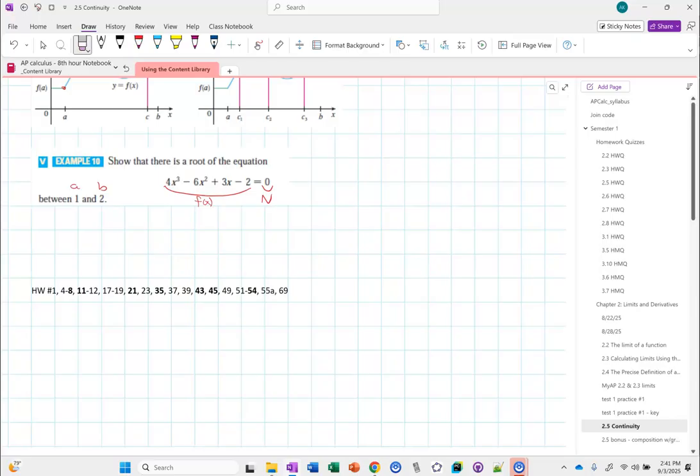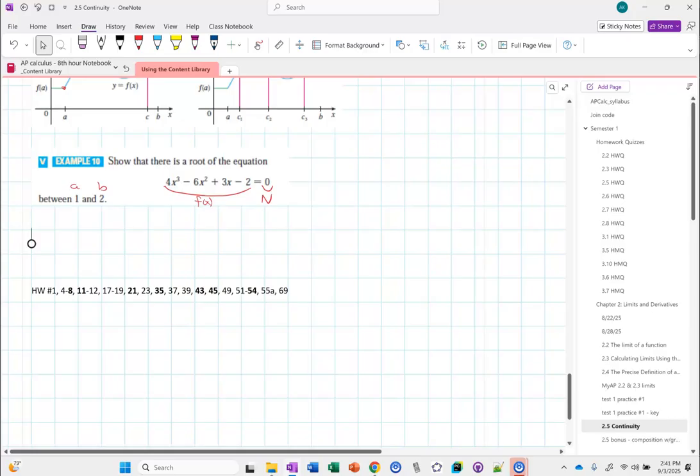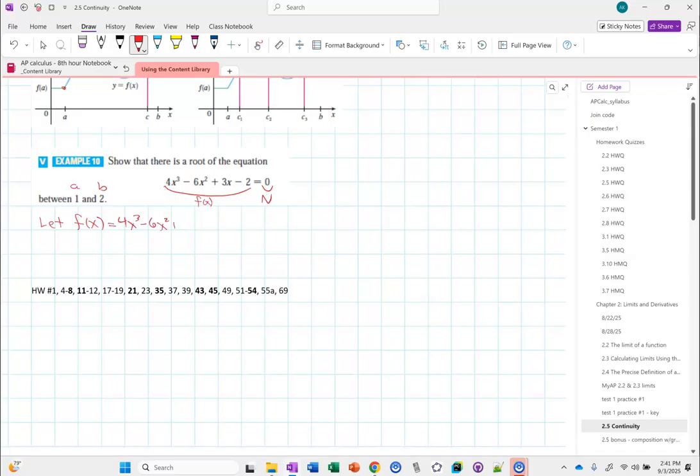So the first thing I need to show is that f of x is continuous. Why is f of x continuous? Because it's a polynomial.